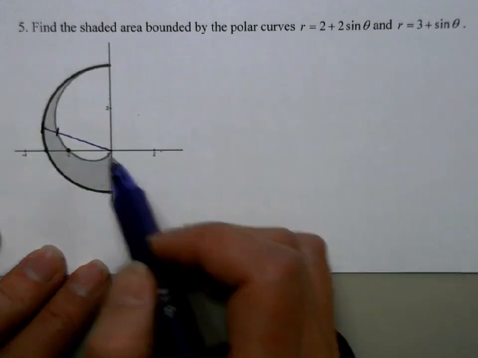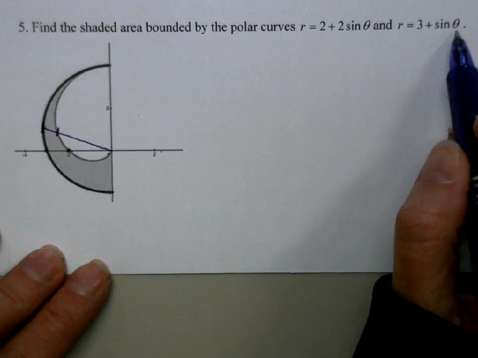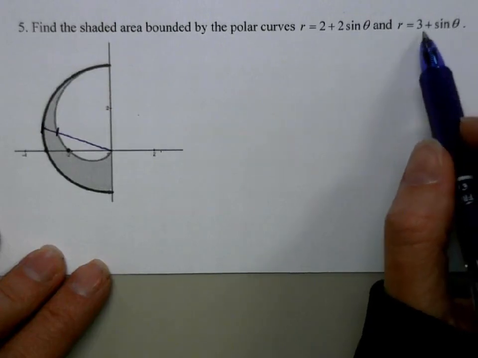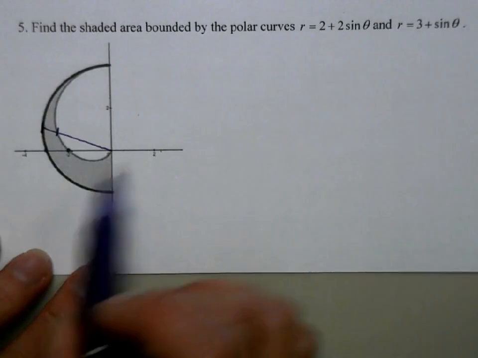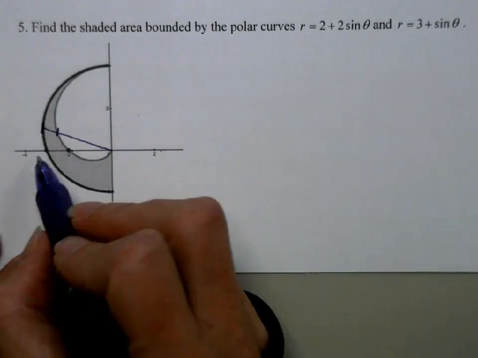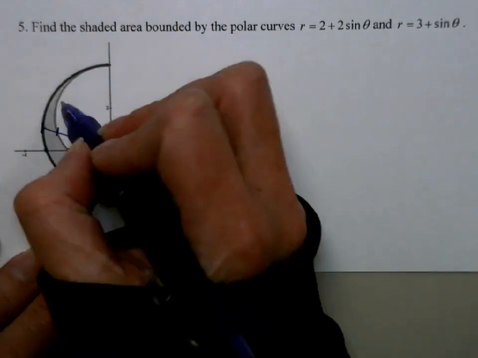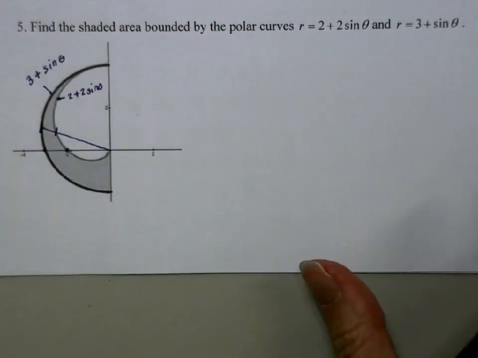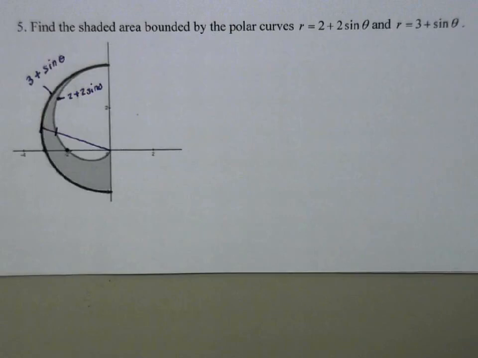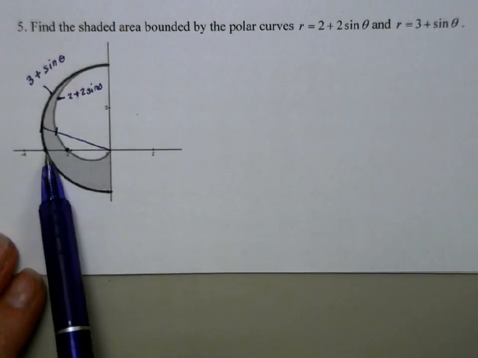If we plug pi into this one, we'd have 3 plus 0, which would give me 3. So this inside one here is the 2 plus 2 sine theta, and the outside one is the 3 plus sine theta, because it crosses at 3, this one crosses at 2.